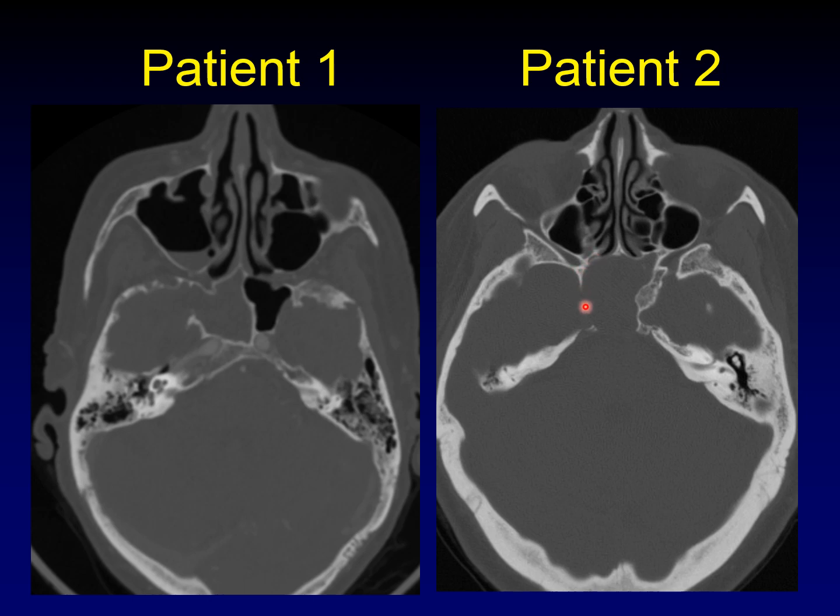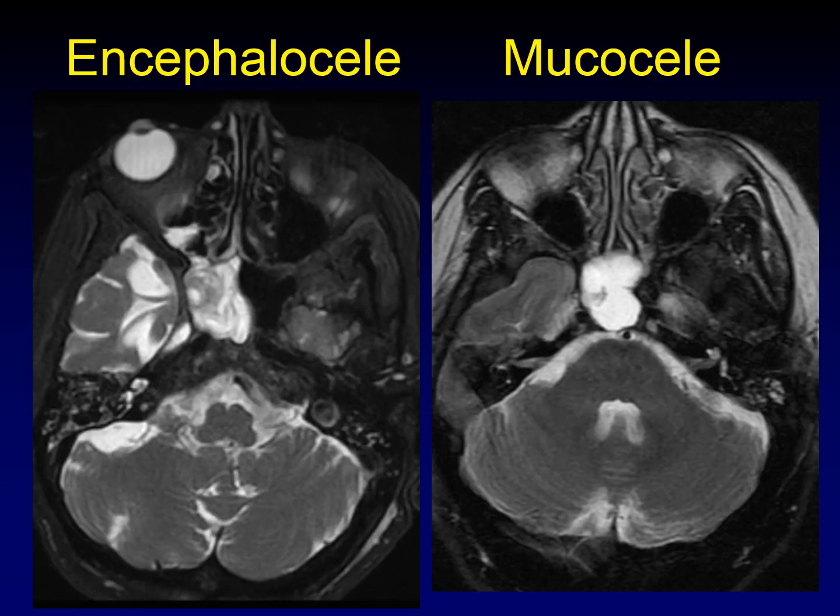This wall has been remodeled all the way around, and the configuration of the air cell has become more spherical, as though it were under pressure. That is considered characteristic of a mucocele. So, what defines an encephalocele?